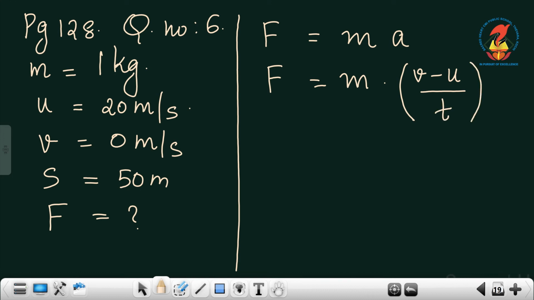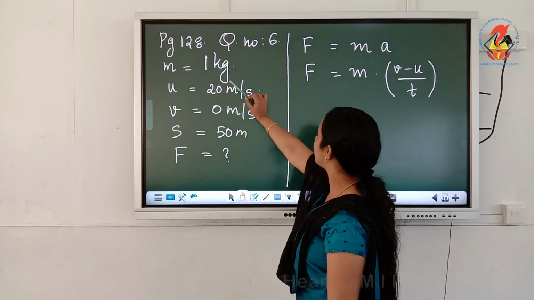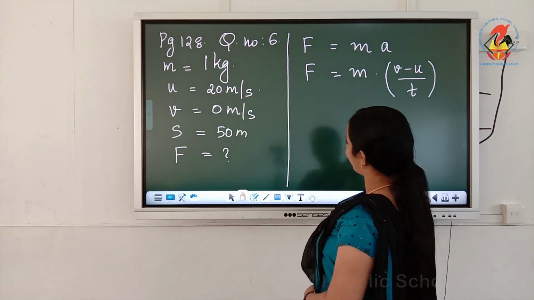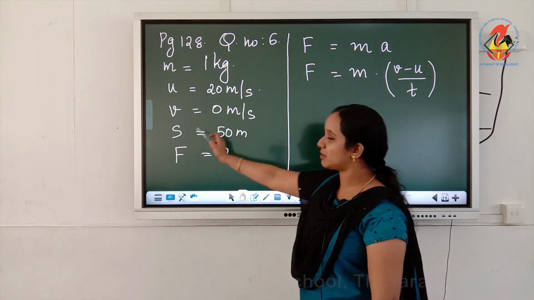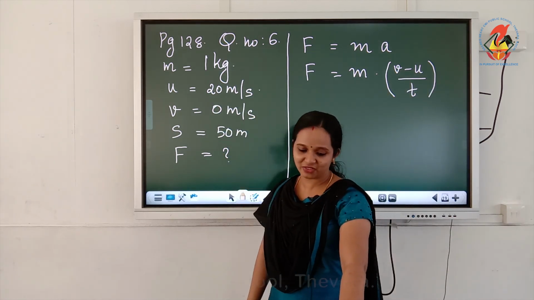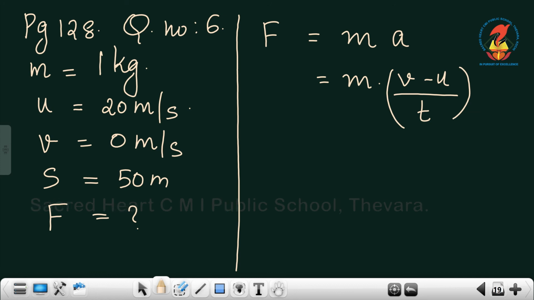We get F is equal to m into v minus u by t.